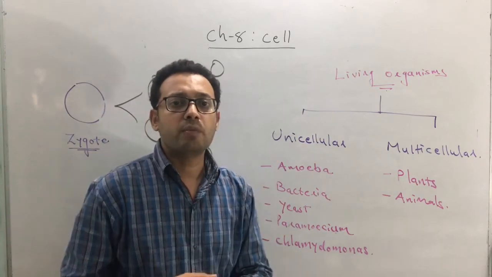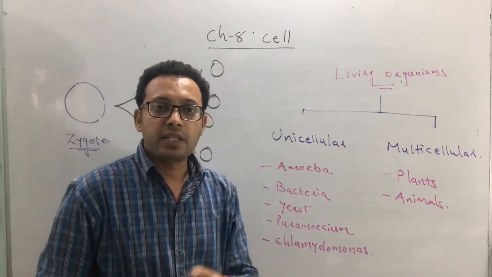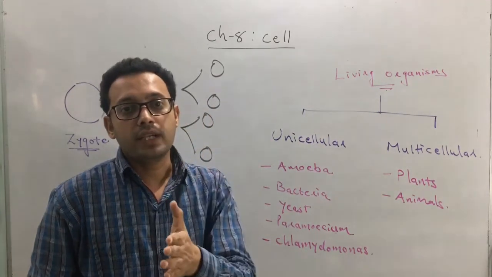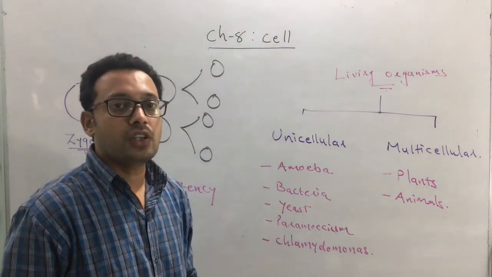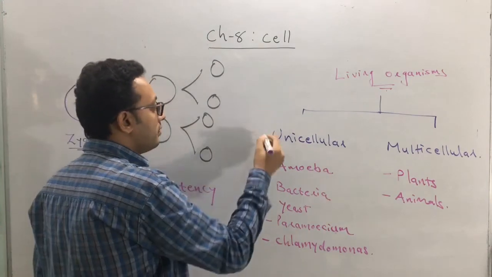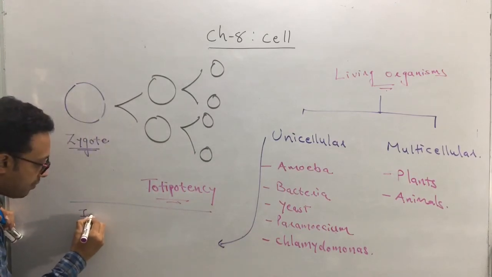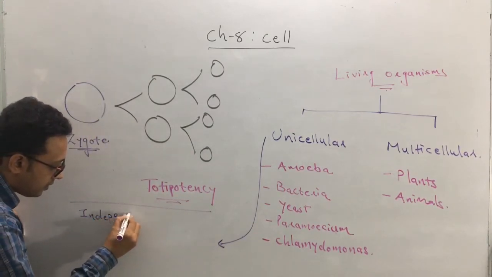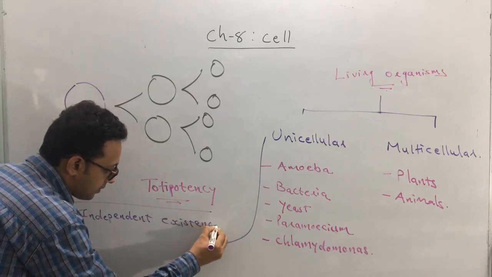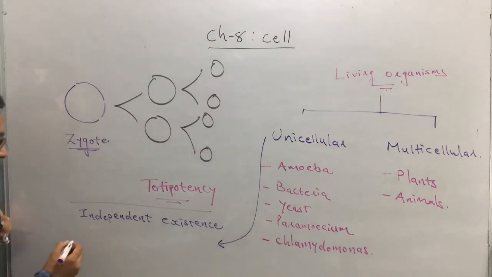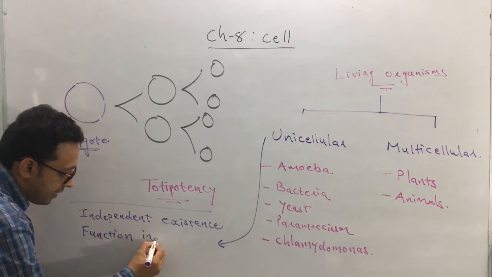Now the question comes to our mind: unicellular organisms possess only one cell, but can an organism with one cell survive? Yes. So who is considered a unicellular organism? Those which show independent existence, and second, which can function independently.